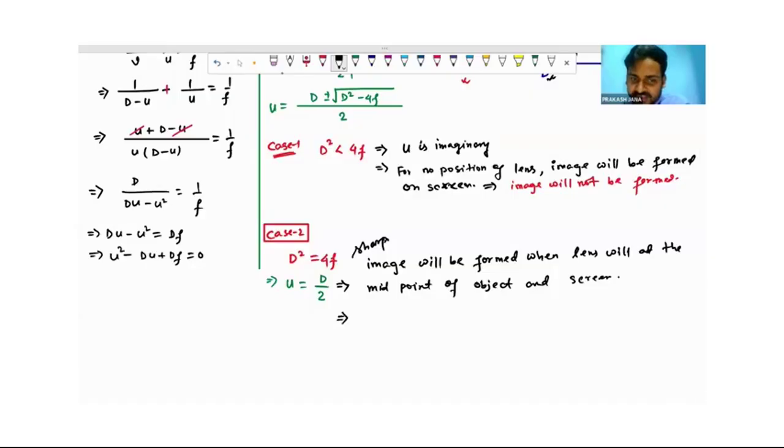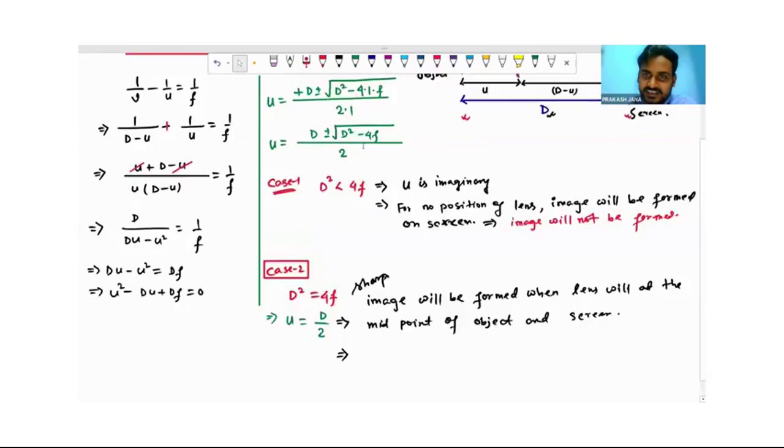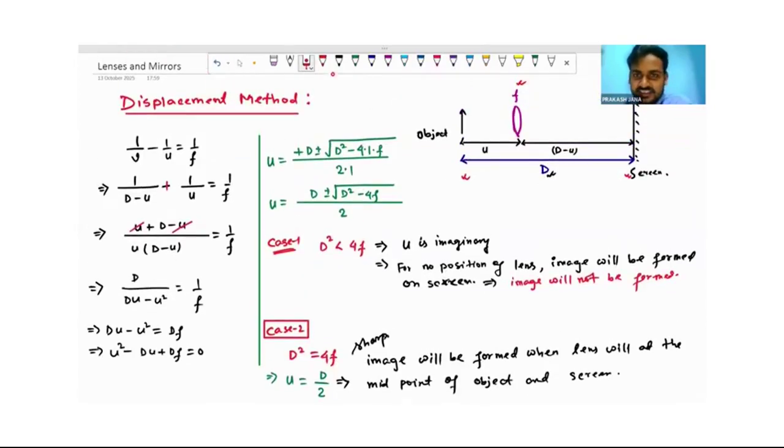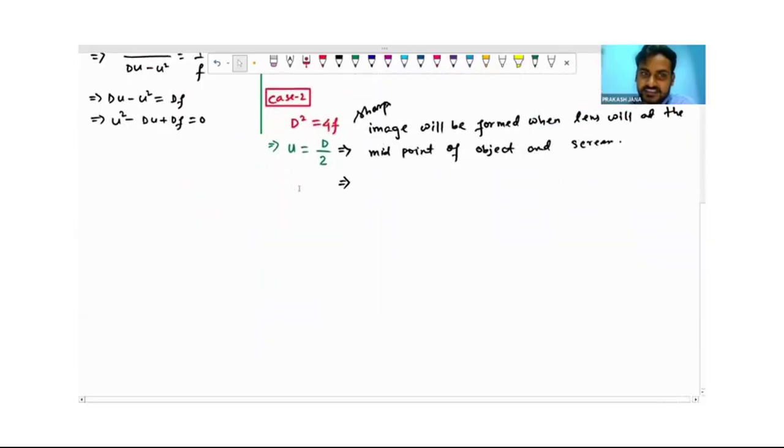One more point we can write, see, as we see here, u is equal to d by 2 from the diagram. If this distance is d by 2, d is the total distance. If the object distance is d by 2, then the image distance will also be d by 2, isn't it?